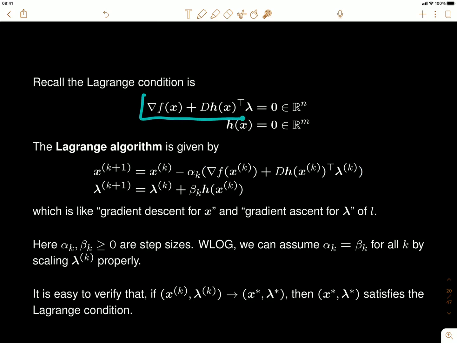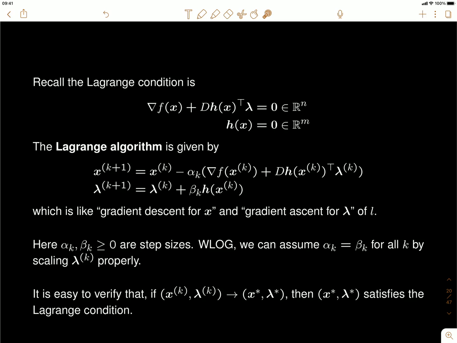So xk plus 1 equals xk minus some step size alpha k times that. That's how we update x.